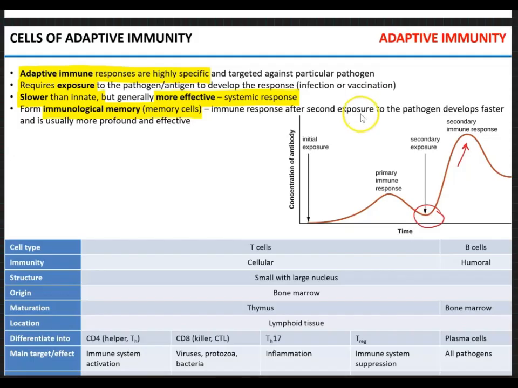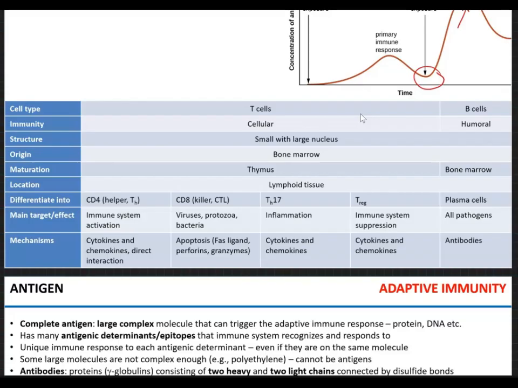So let's take a look at the components of the adaptive immunity. There are two main types, cellular and humoral. The Greek word humor means fluid. So humoral immunity is mediated by B cells, which after the exposure to the pathogens become plasma cells, which in turn produce antibodies. Antibodies are released into the circulating blood.